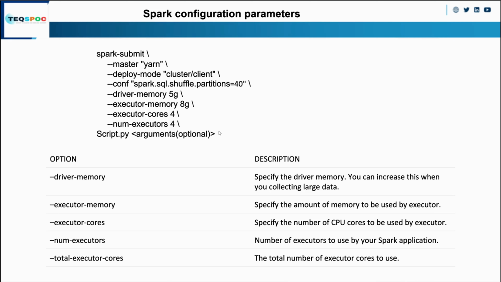The rest, 80 minus 16, that is 64, will be in the queue. Once the first batch of 16 is done, the second 16 will come up. If my math is correct, 16 into 5 is 80, right? So after 5 iterations, my Spark job should be completed.